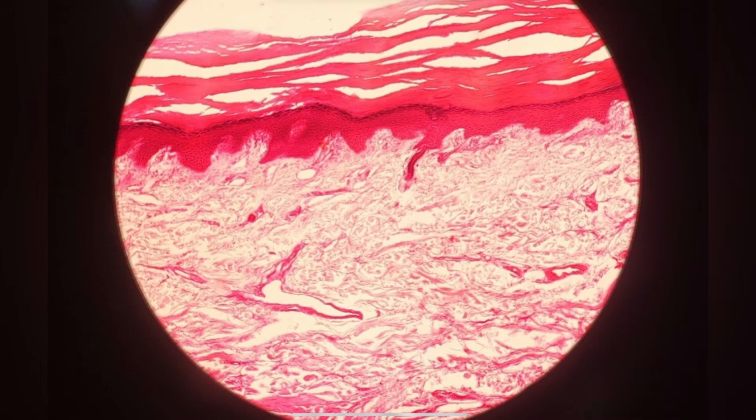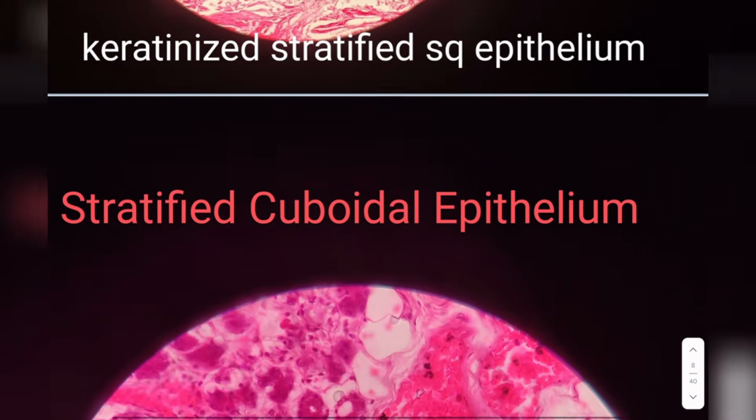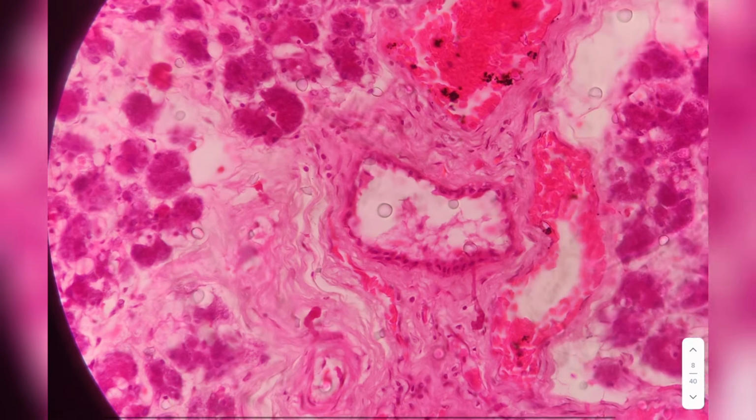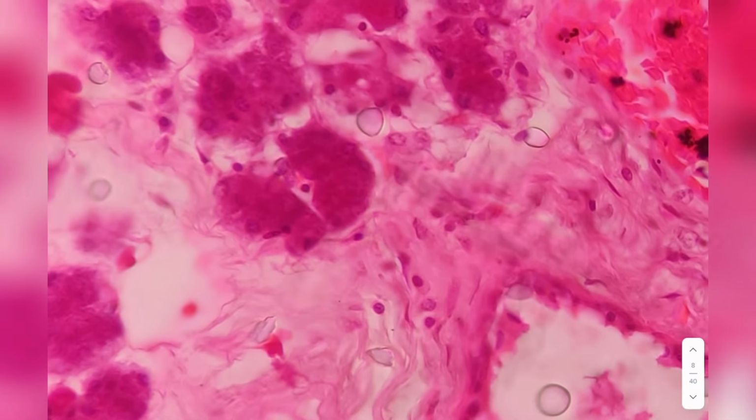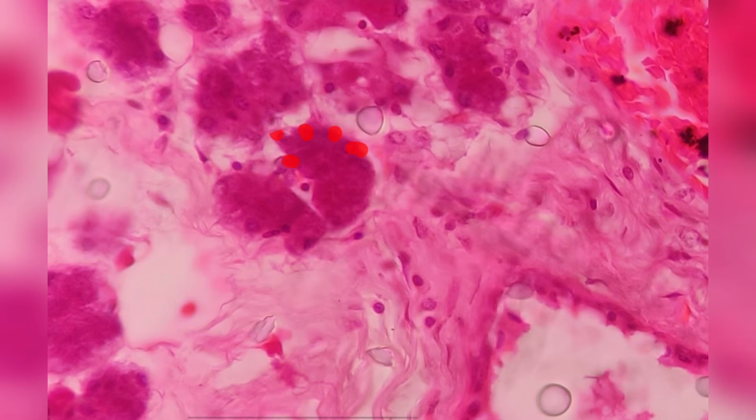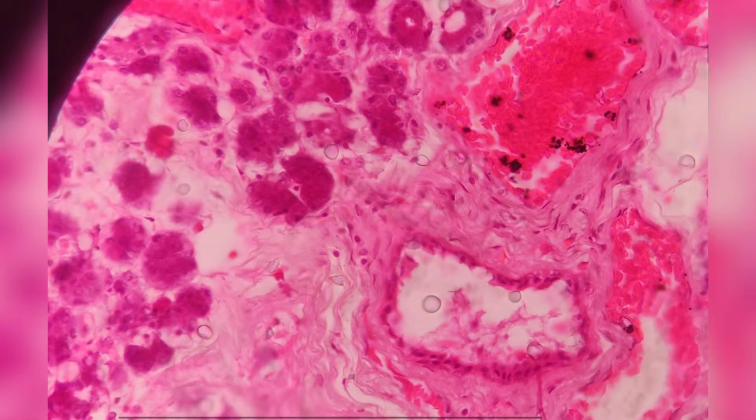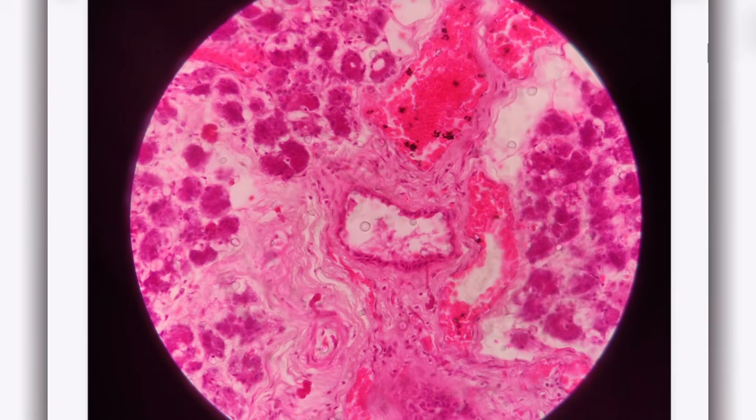So stratified squamous, since there is dense deposition of keratin, this is keratinized stratified squamous epithelium. Next, you can find that there are a bunch of cuboidal cells, and these cuboidal cells are arranged in multiple layers, since nucleus are present in multiple layers. Which type of nucleus? Round nucleus. So this is stratified cuboidal epithelium.